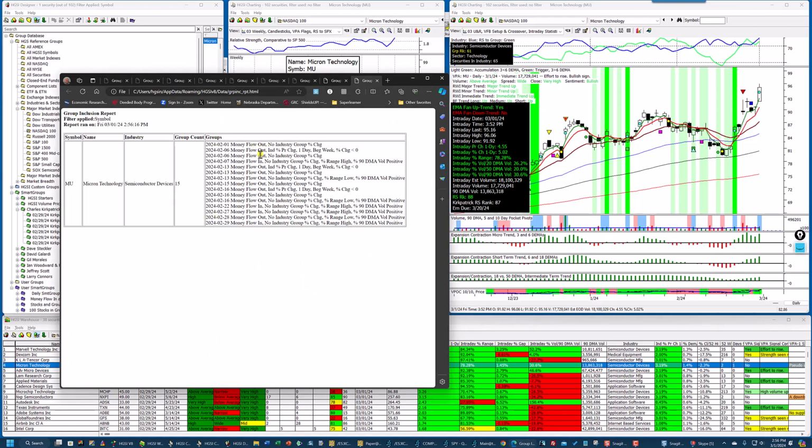Now look at all these money flow outs that showed up. But I'm going to do a Control F because this is already in here, and these are the money flow in. So 22nd is right here. It showed up here.